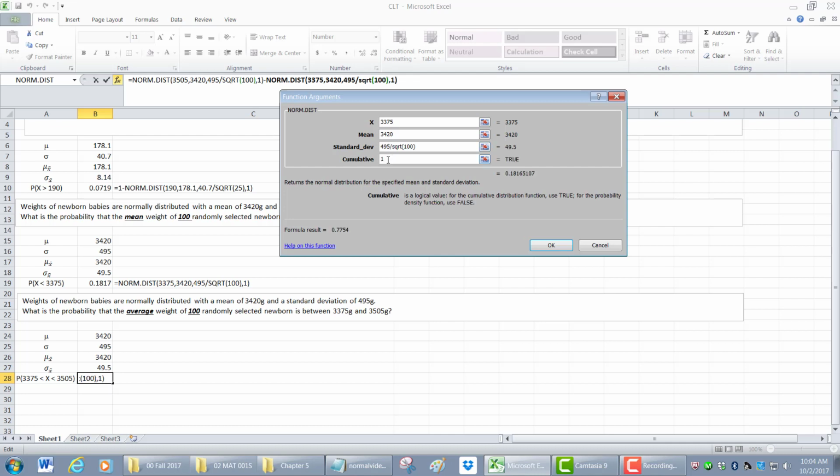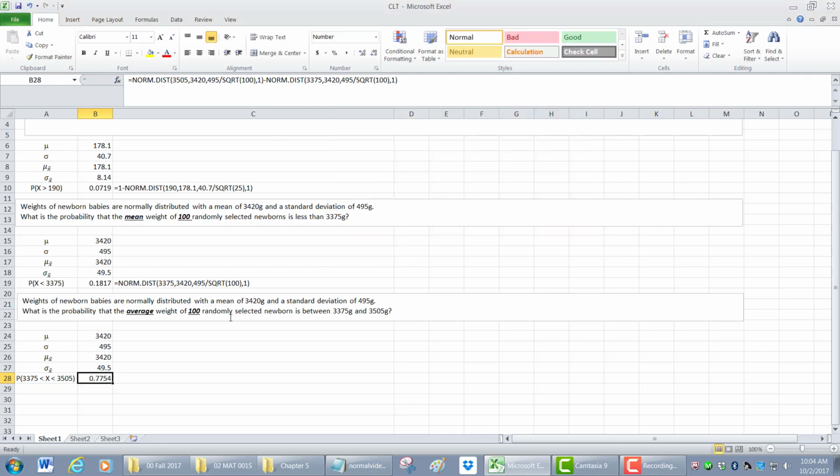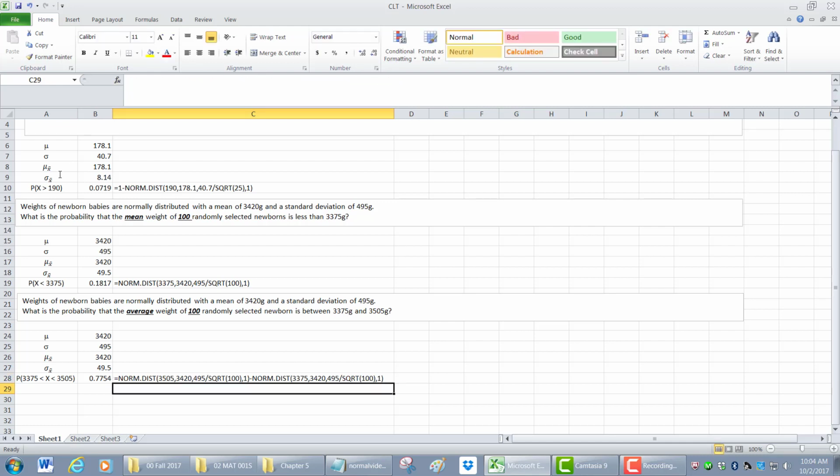Cumulative is 1. And there is our probability that the average weight of those 100 newborns is between those values. Oh, I love the undo button, don't you? And there's our function. I hope that helped. Have a good one.